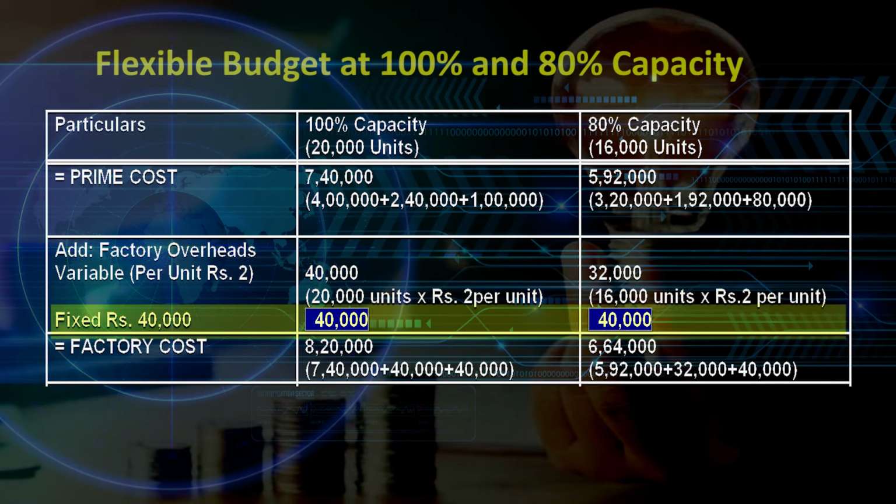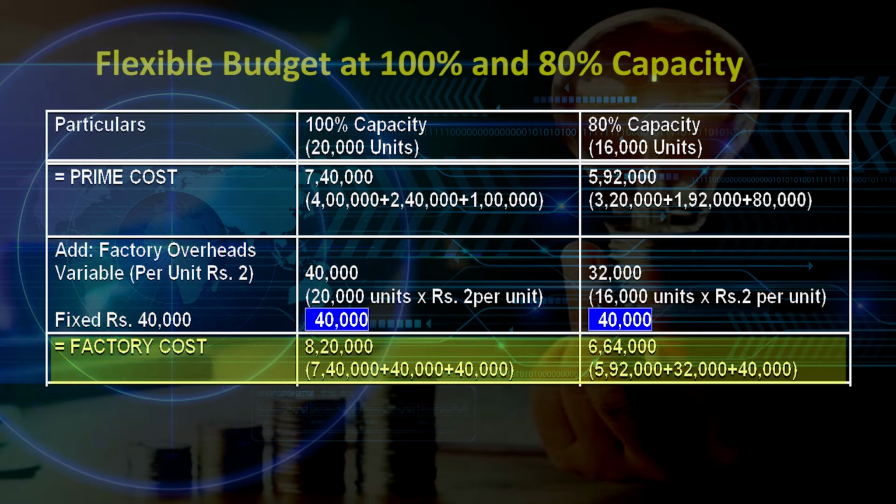Let us now consider the fixed component, which we calculated already at 40,000, and this does not change whether 20,000 units or 16,000 units are produced. So, we put the same figure for both the columns. As we add the factory overheads now to the prime cost, we derive the factory cost, which is rupees 8,20,000 for 20,000 units and rupees 6,64,000 for 16,000 units.